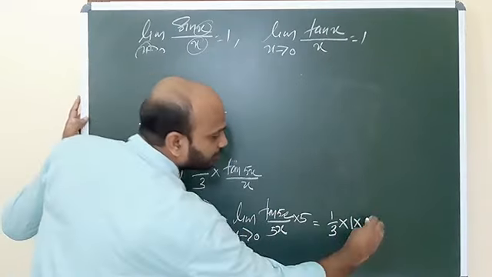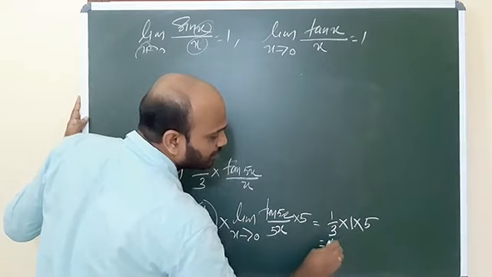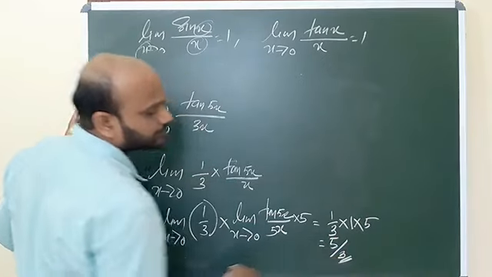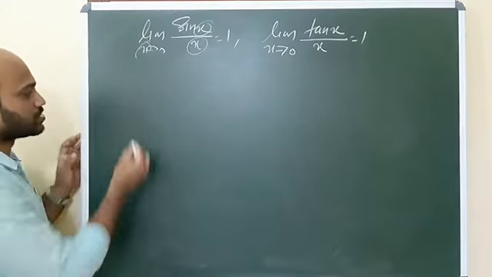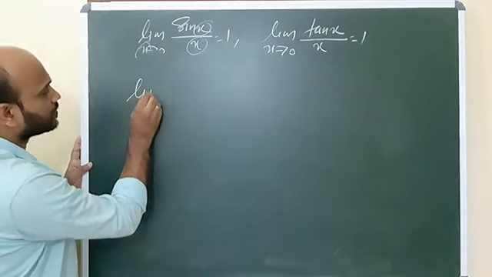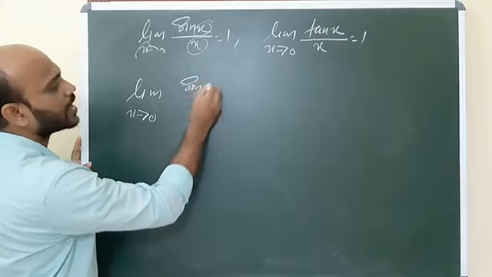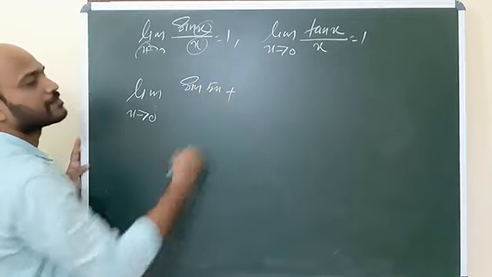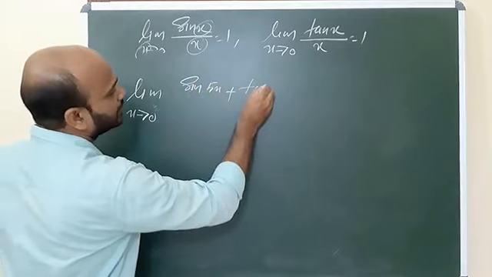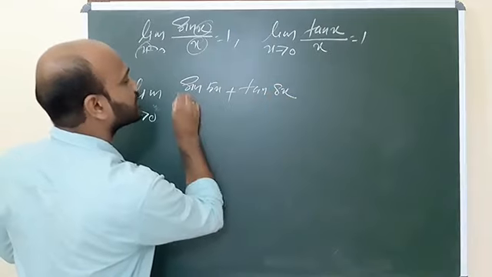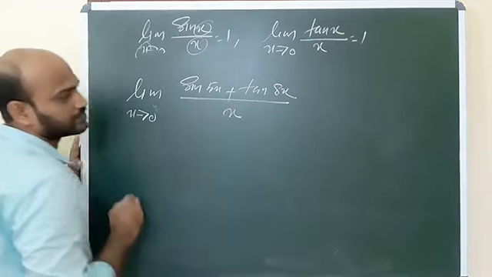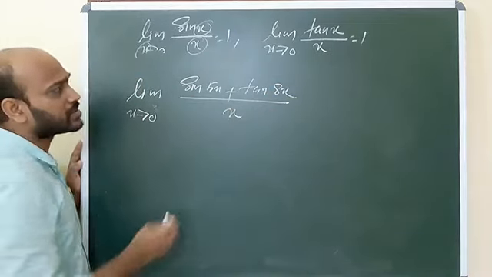Then into 5. So the answer is 5 by 3. Okay. Next question. Evaluate limit x tends 0, sin 5x plus tan 8x by x. Here also you have to use the same formula.